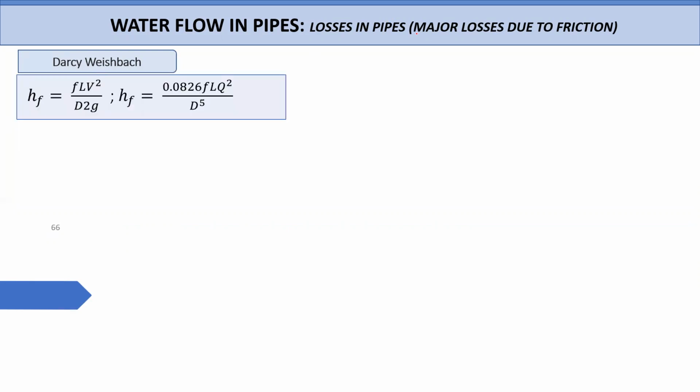We have Darcy-Weisbach. Its formula is h sub f, or our head loss, is equal to f L V squared over 2g times D, or hf is equal to 0.0826 f L Q squared over D to the power of 5. It depends on what is given in our problem. If velocity is given, use this. If our discharge is given, use this one.